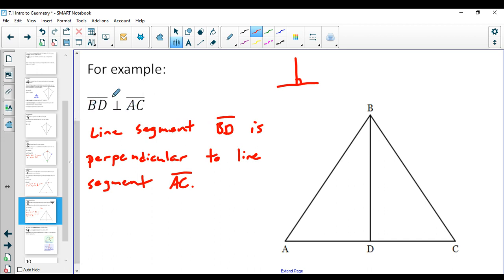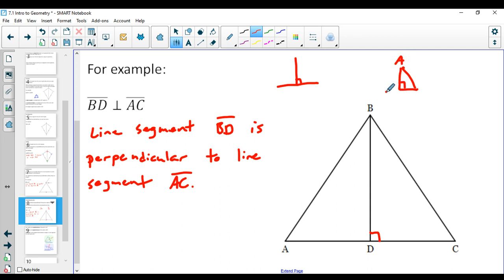And as we can see here, BD is perpendicular to AC, right? And we usually denote that by a little right angle thing there. I do want to stress that it's not just because it looks like this. Things can be perpendicular in an L shape, and these would be perpendicular.